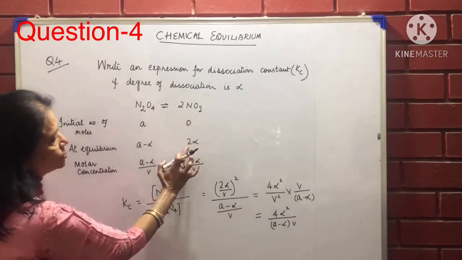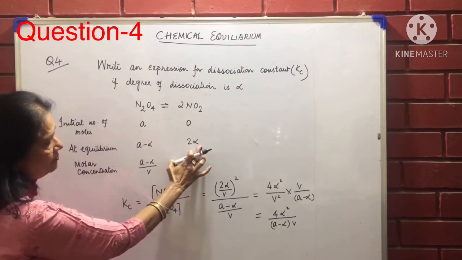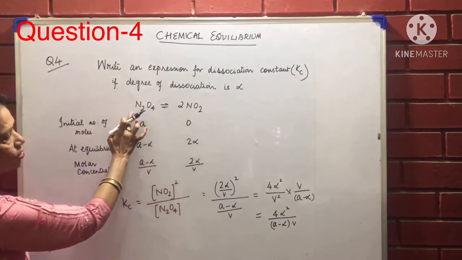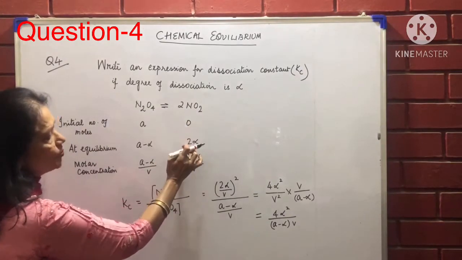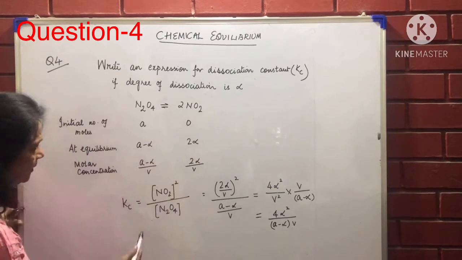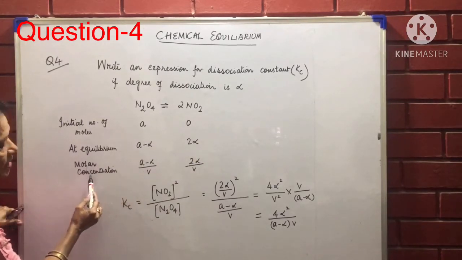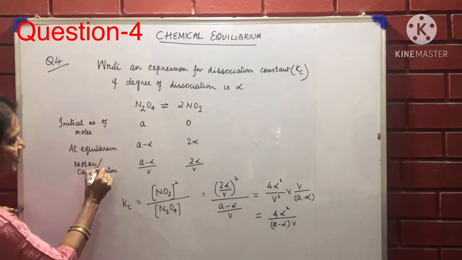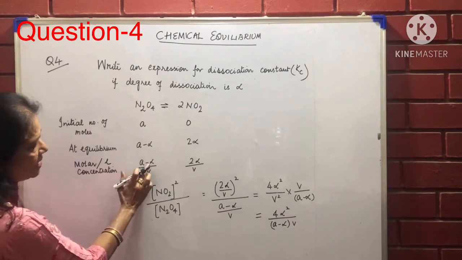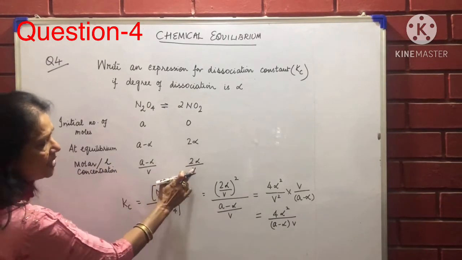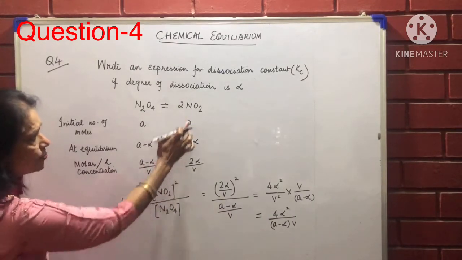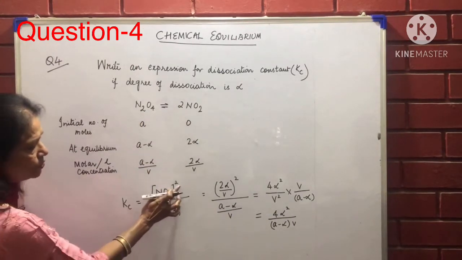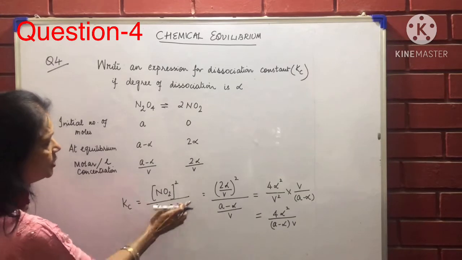2 NO2, so I'll have to write down here 2 alpha. So look at the stoichiometric ratios, subtract on this side, add on this side. 0 plus 2 alpha is 2 alpha. Then when I say molar concentration is always moles per liter, so I'll say A minus x upon V, 2x upon V. Then Kc is equal to NO2 square, product upon reactant, so NO2 square upon N2O4.